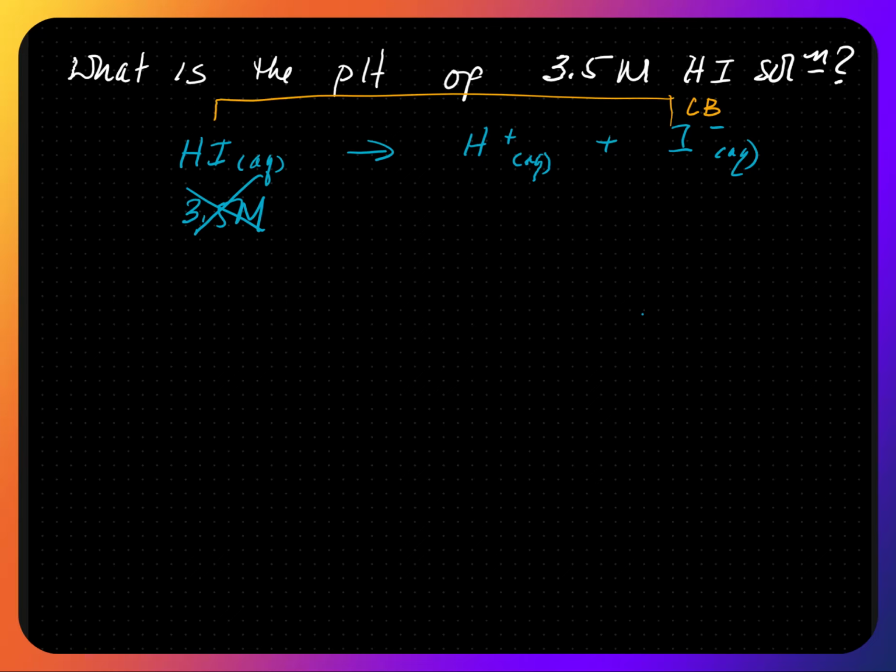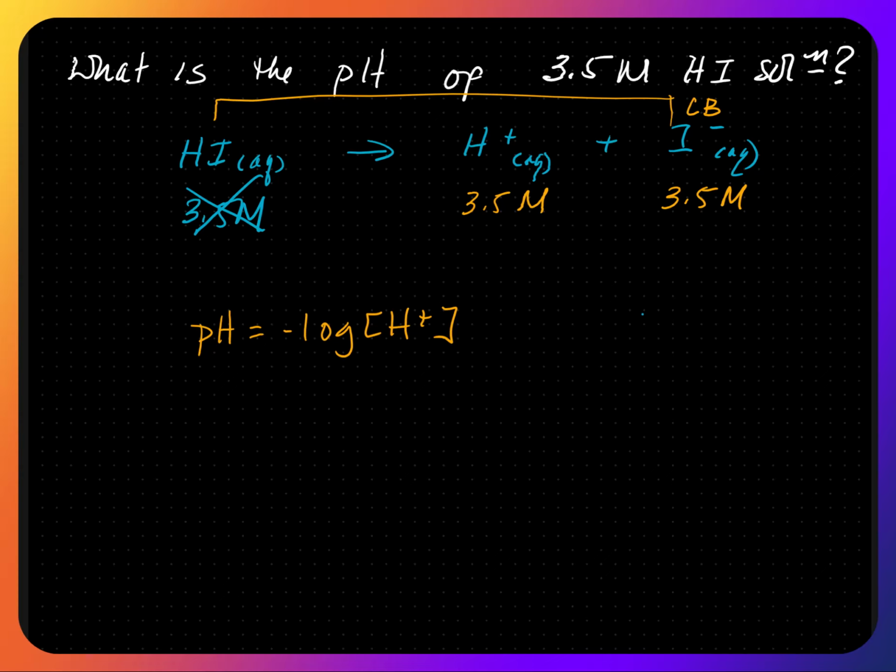Since I started with 3.5 molar, if I dissociate this, I'm going to have 3.5 molar H plus and 3.5 molar I minus. The formula for pH is equal to negative log of H plus concentration.